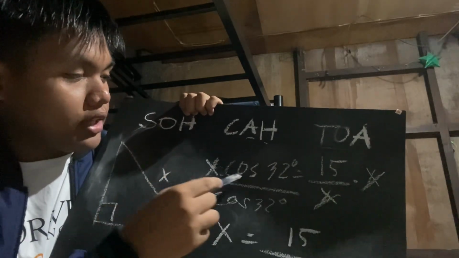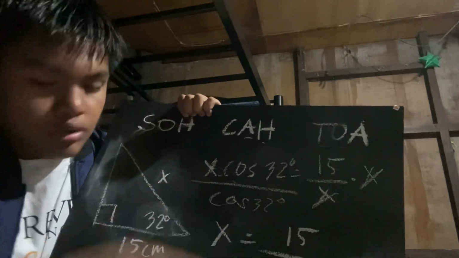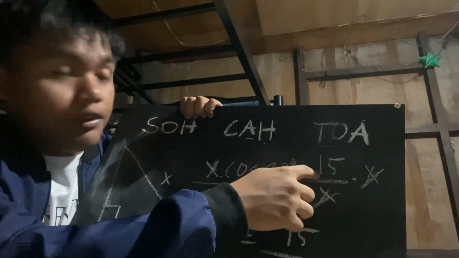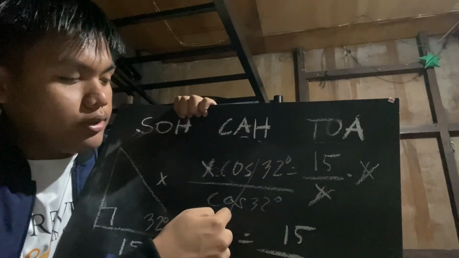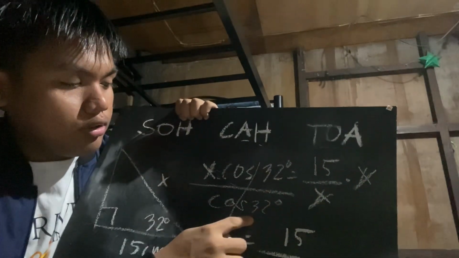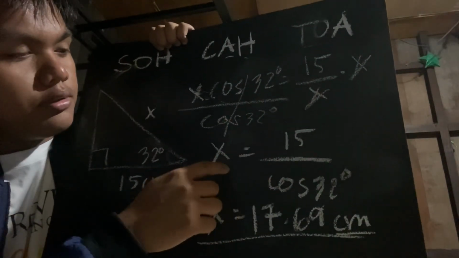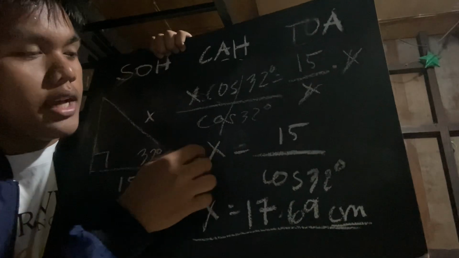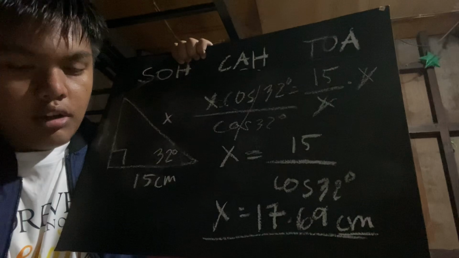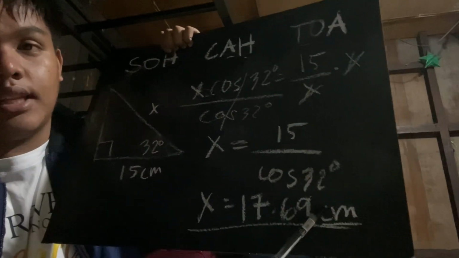So x cosine 32 equals 15. Now divide both sides by cos 32, so the cos 32 cancels out, and x remains. So x equals 15 over cosine 32. Using your calculator, you will have x equals 17.69 centimeters.